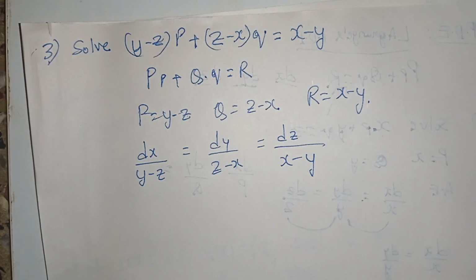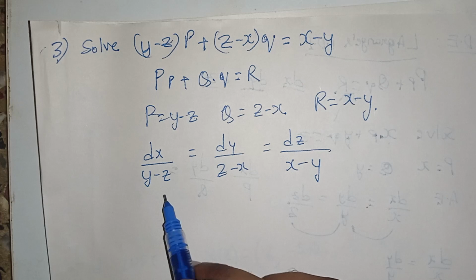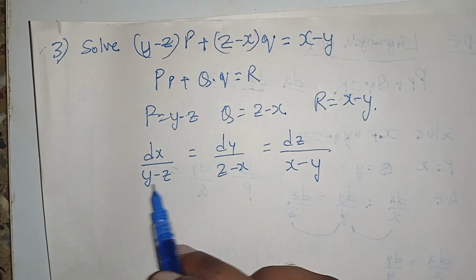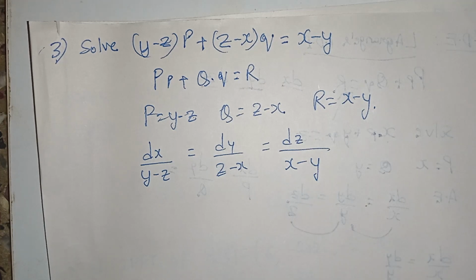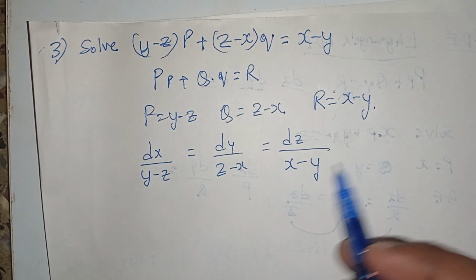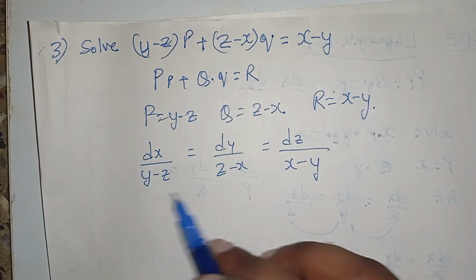Now it is very important to observe, I should use multipliers in such a way that the denominator will be 0. When you add the denominator terms, it's a property of ratio and proportion. Each ratio will be equal to dx plus dy plus dz by the addition of denominators.